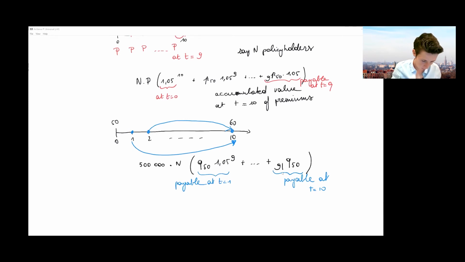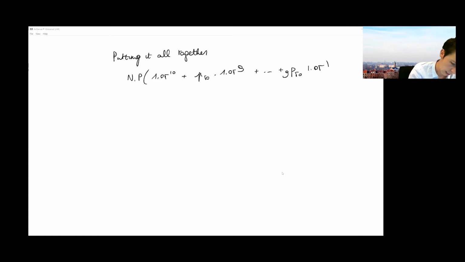So if I put it all together, I get the following stream. I've got n times p times, so I first look at my premium stream, I value this at time t, and I subtract the outflow, sorry, in terms of my death benefits.